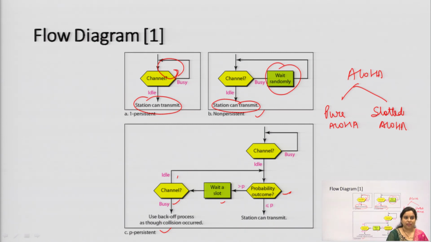It is a random access kind of thing. That is why there is an advantage that transmission or reception will be done at a very fast pace, but the disadvantage is that collisions will take place, because no one waits to see whether the channel is idle or not. They transmit data on the channel whenever they have data to transmit.